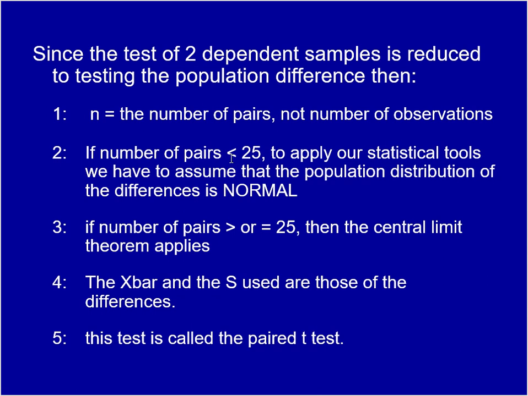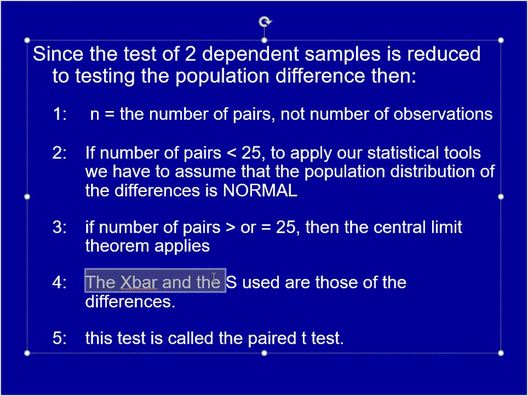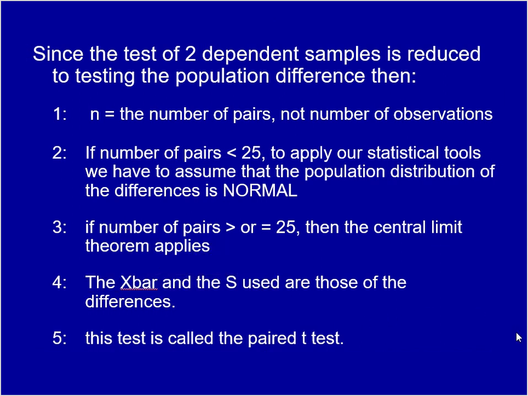If the number of pairs is less than 25, then to be able to assume that the sampling distribution of the differences is normal, you have to assume that the differences are normal. Or if the number of pairs is greater than or equal to 25, the central limit theorem applies. Like we said, the x bar and the s are those of the differences. That's why I call them d bar, and the test is called the paired t-test.